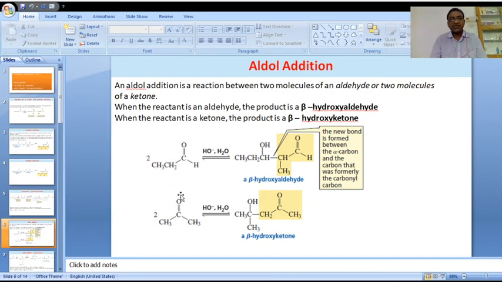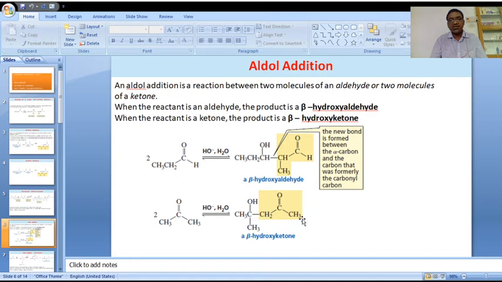When the reactant is a ketone, here acetone, 2 molecules of acetone on reaction undergo this aldol addition to get alpha beta hydroxy ketone.